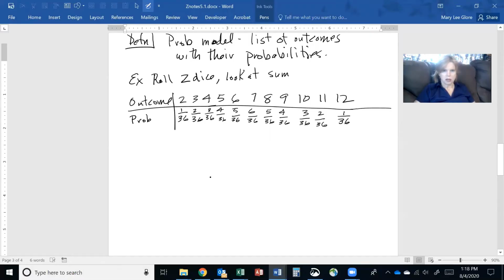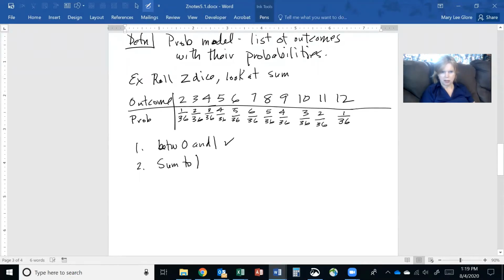So let's check. Are both of our basic rules satisfied? The first one was that they all had to be between 0 and 1. And the answer is yes. These are all fractions. The smallest is 1 over 36. The biggest is 6 over 36, or 1/6. Do they sum to 1?